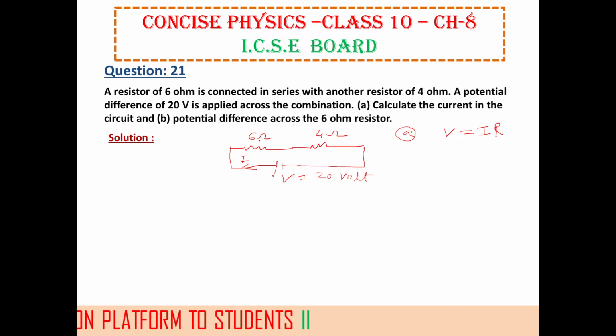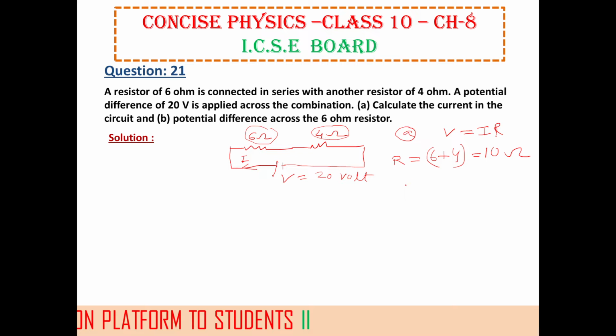Here you see these two resistors are connected in series. So the equivalent resistance R will be equal to 6 plus 4, because in series the resistances get added to find out the equivalent resistance. So it is 10 ohm.